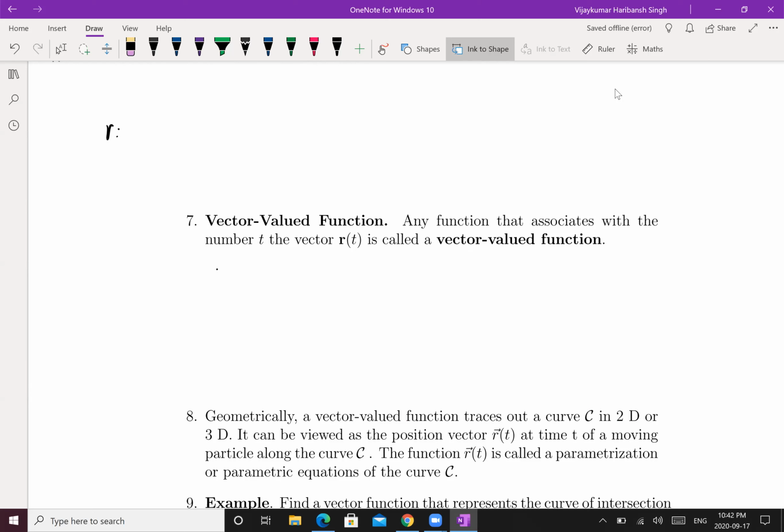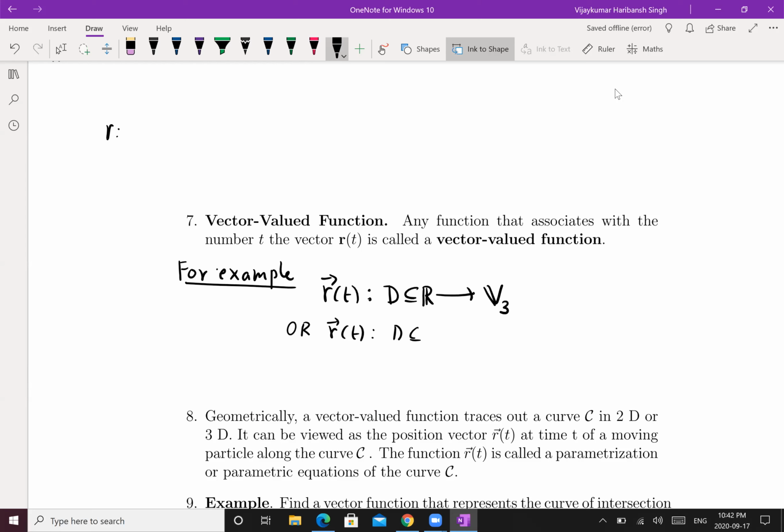So r of t, a vector valued function, could be a function from some subset D of R to V3, or r of t can be from some subset D of R to V2.